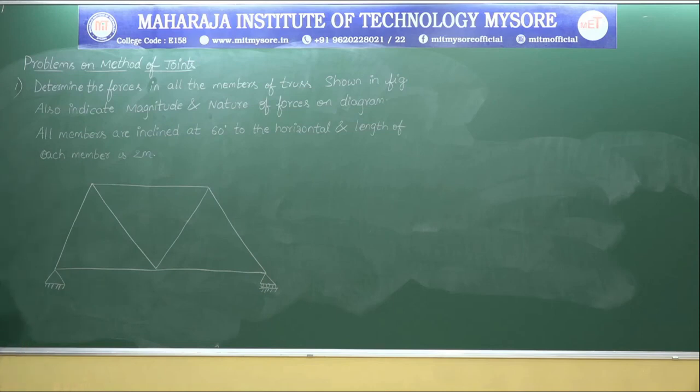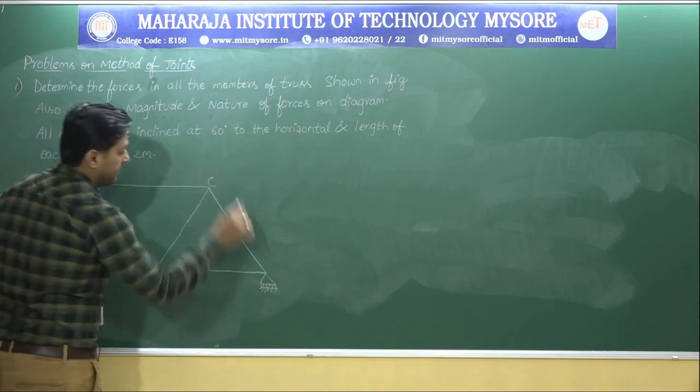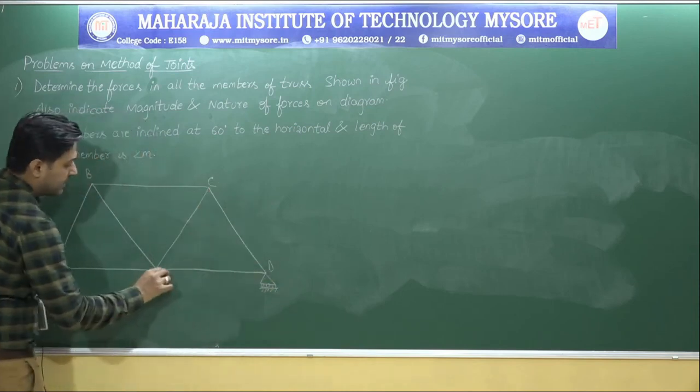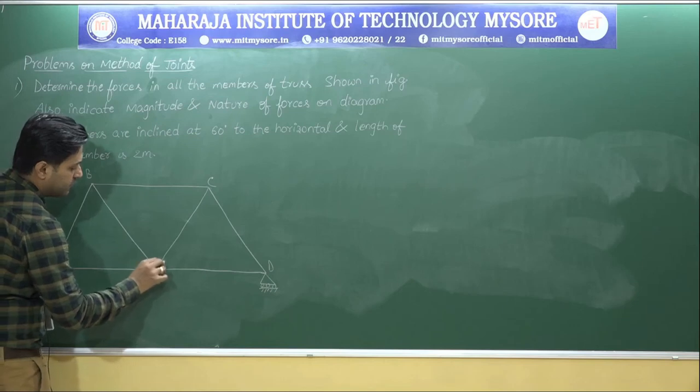Now they have given this as A, this as B, this as C, this as D, this as E, where these are the joints.